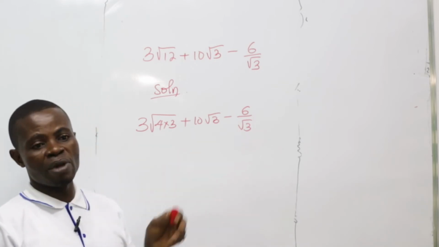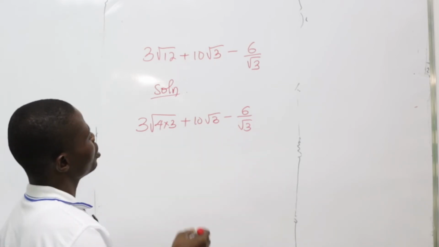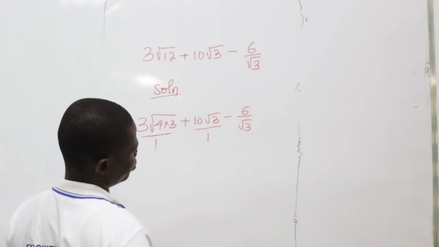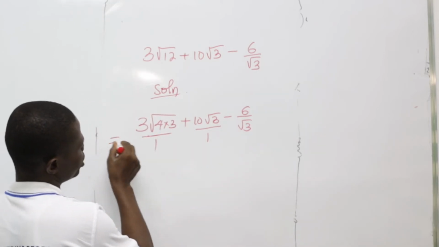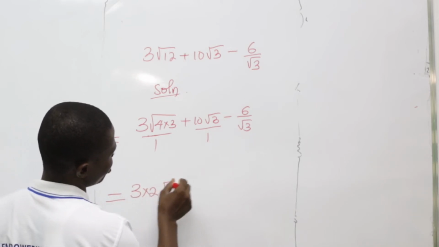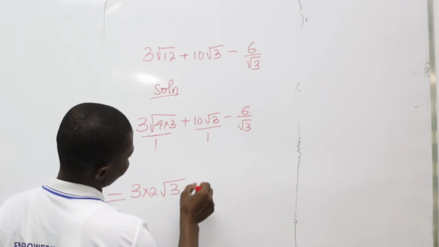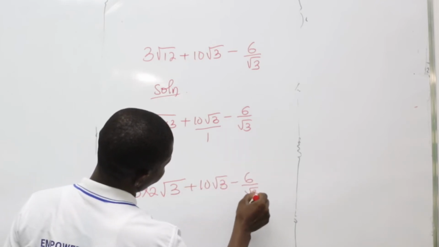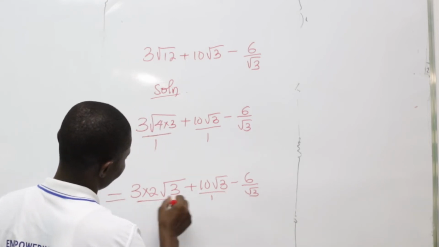Remember, when you are solving maths, you have a fraction. Other ones must also be what? Fraction, please. Okay, this will now give us 3 times 2, which is the square root of 4, plus 10 root 3 minus 6 all over root 3 over 1 over 1.